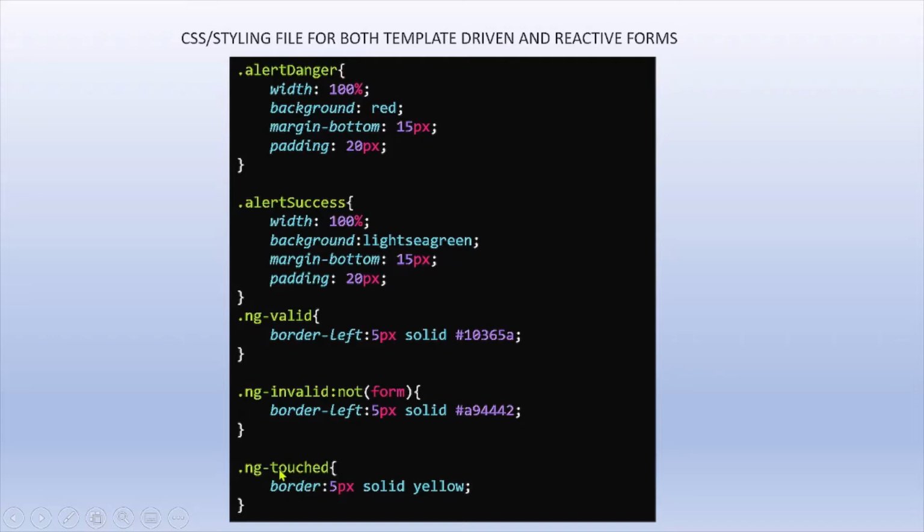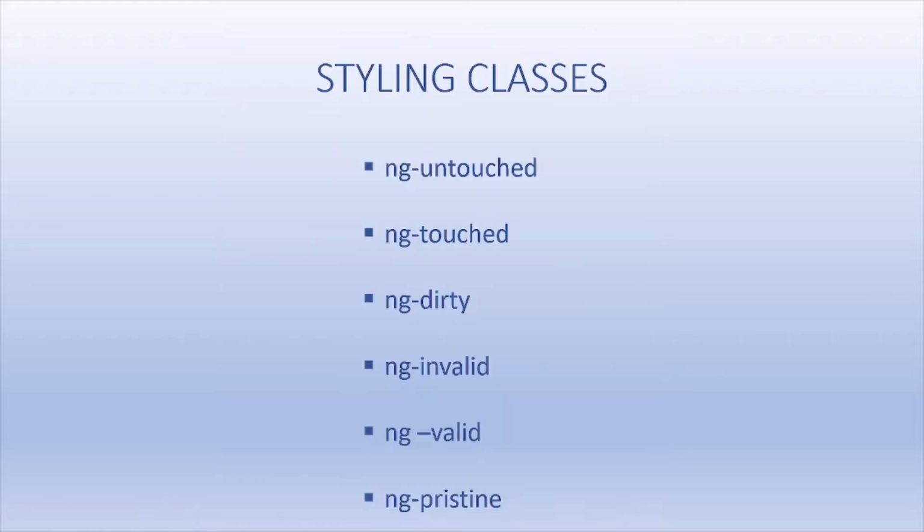We could have a styling for touched as well. So if the user positioned the cursor, didn't type in anything, then there would be a certain color that would appear, right? Okay, coming to all the styling classes that we could use, ng-untouched, right?